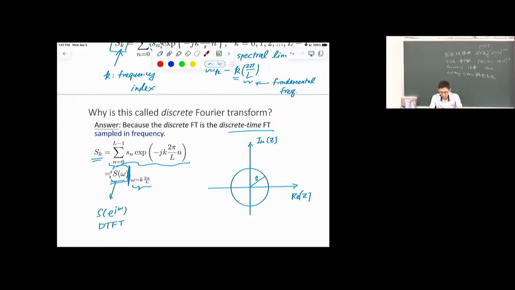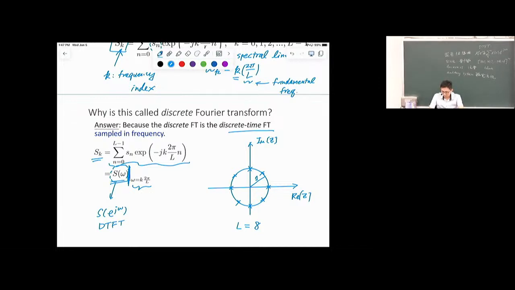So we're going to focus on discrete frequency points, such as frequency 0 right here. Let's use this as an example. If we cut the unit circle into 8 equal portions, then we have a DFT of length 8.